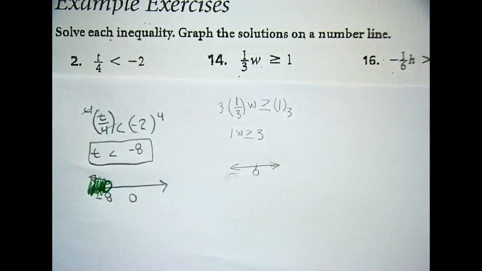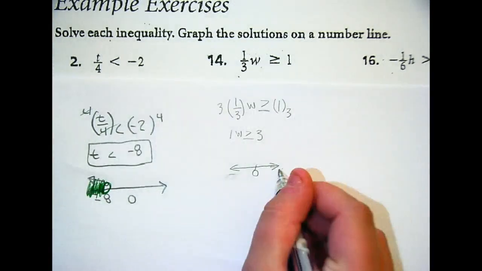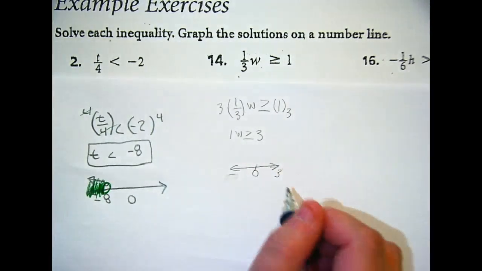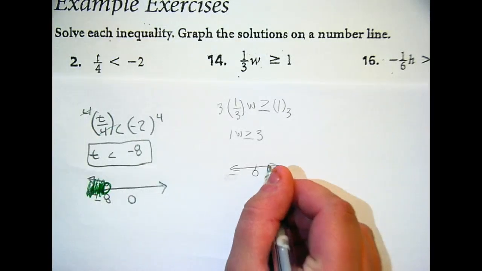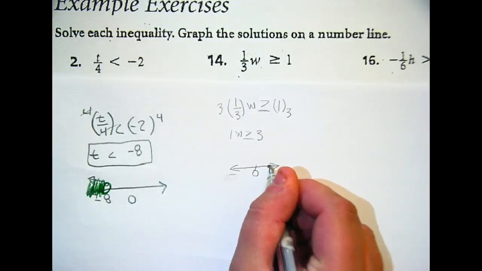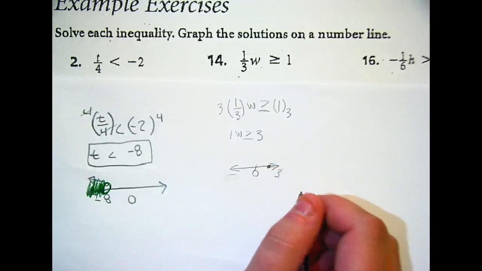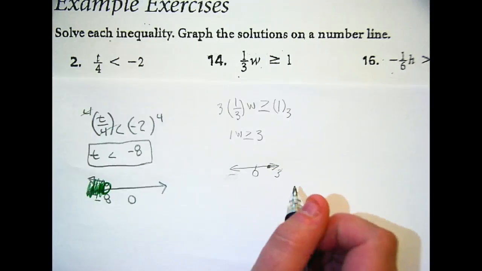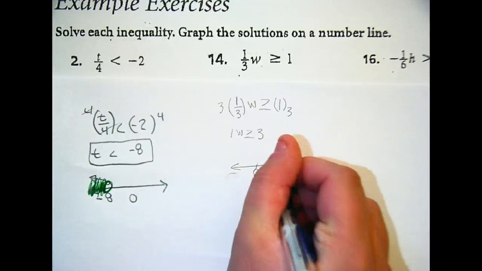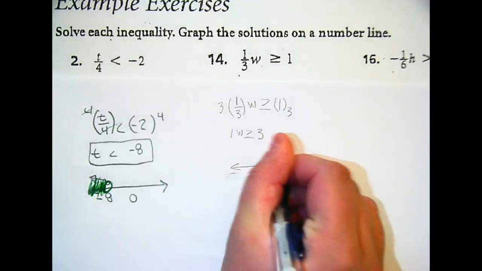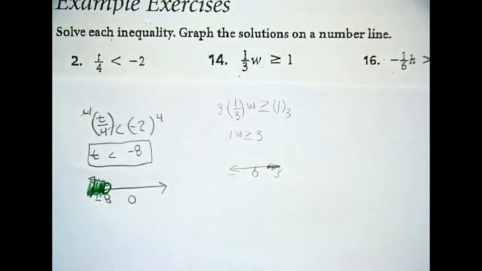Good thinking. Okay, and so we got to put a little line marking 3. And which way do we shade? What's greater than 3? Is 0 greater than 3? No. We shade there we go.